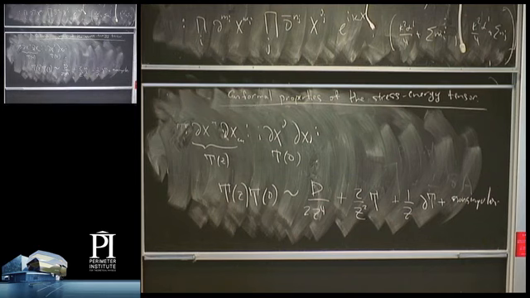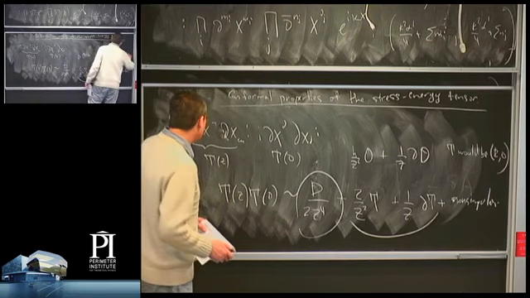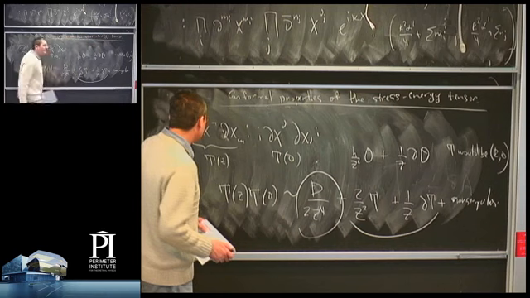So if you look at this formula, you say, well, it's almost a primary field, right? For a primary field, we need the operator plus 1 over z, the derivative of this operator. So this piece looks like the stress energy tensor T would be of weights 2 and 0.